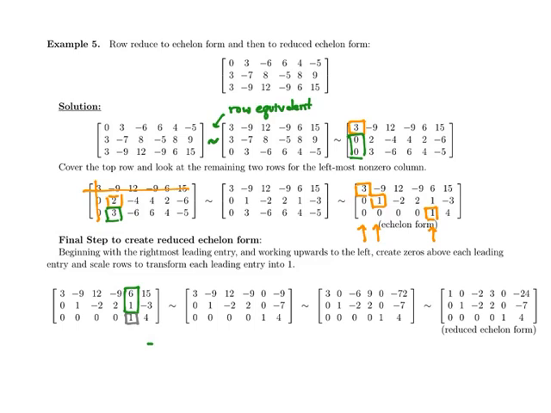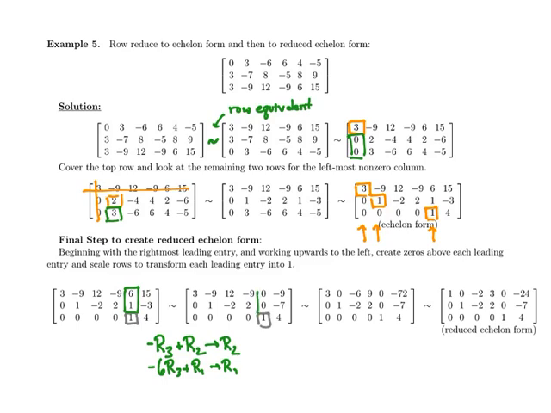So this would be negative row 3 plus row 2 is our new row 2, and negative 6 row 3 plus row 1 would be our new row 1. That would zero out those two entries, get us a new row 1 and row 2.